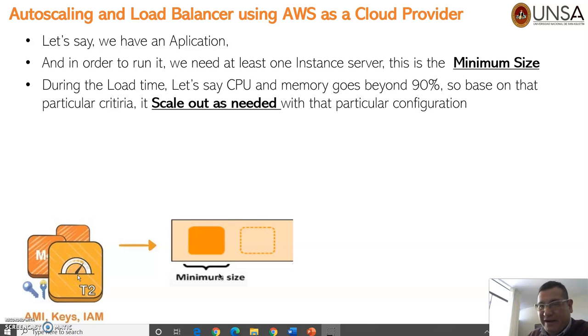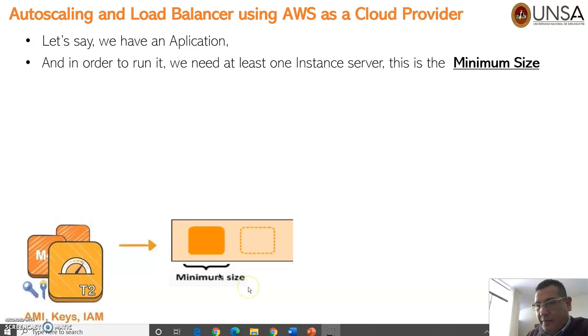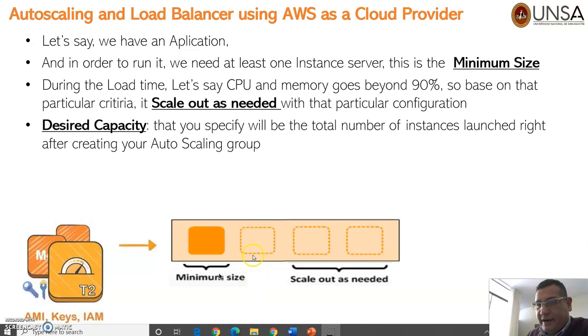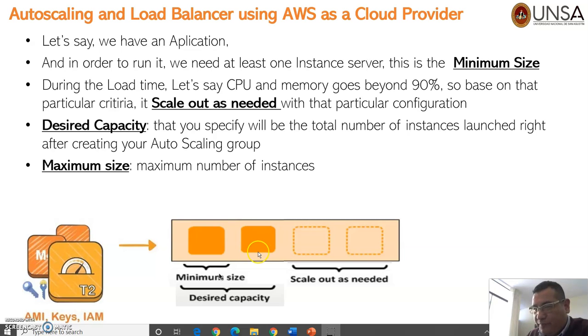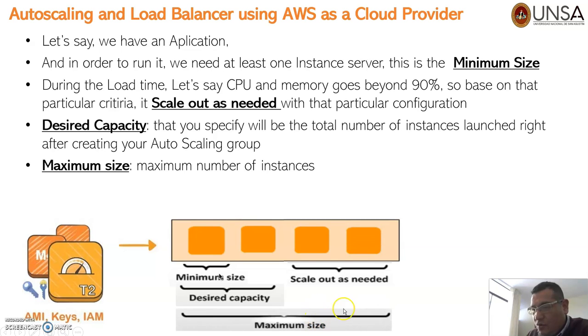So based on that particular criteria, it is scaled out as needed with a particular configuration. Now, the desired capacity that you specify will be the total number of instances launched after creating your autoscaling group. And the maximum size will be the maximum number of instances.